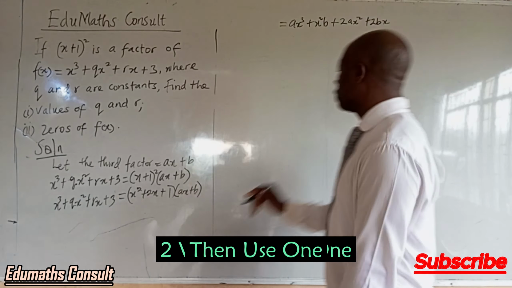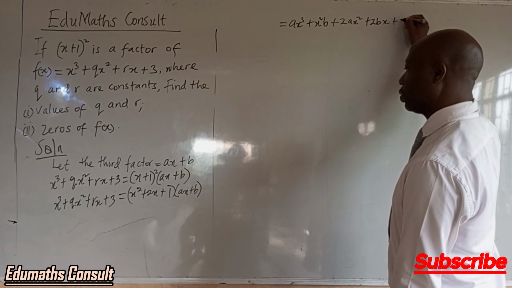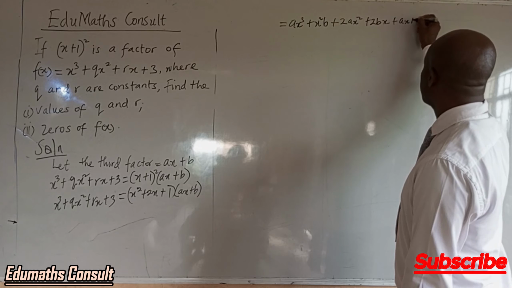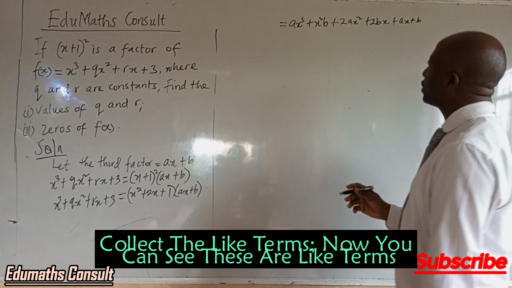Then use 1 to multiply this, and I will have plus ax, then plus b, which is the constant.